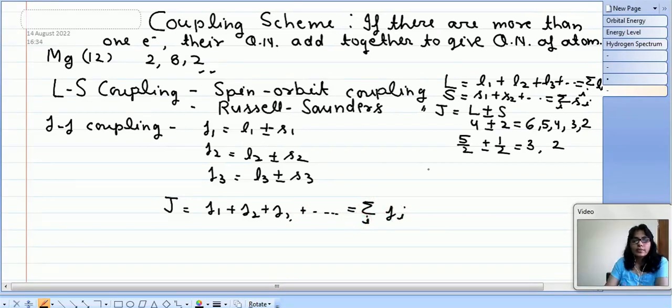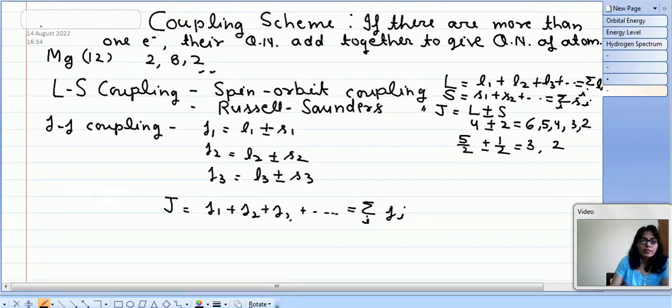Now you can see the difference between the two. In LS coupling, first the total orbital angular momentum of all the electrons is added, then the total spin of all the electrons is calculated, then we calculate total J by L plus minus S. Here, the total angular momentum for each individual electron is calculated, J1, J2, J3, and then we add all these to get J.